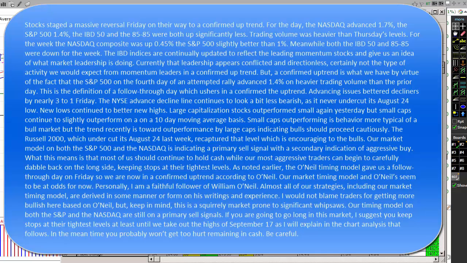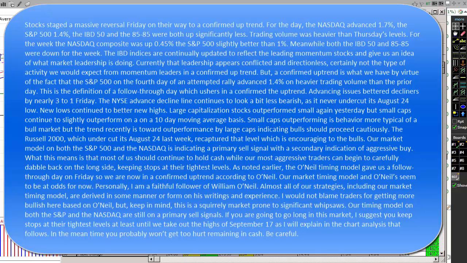Personally, I'm a faithful follower of William O'Neill. Almost all of our strategies, including our market timing model, are derived in some manner or form from his writings and experience. I wouldn't blame traders for getting more bullish here based on O'Neill, but keep in mind, this is a squirrely market prone to significant whipsaws.